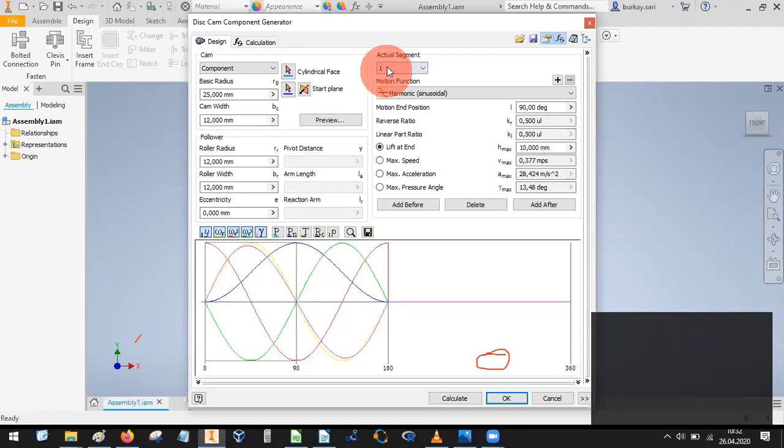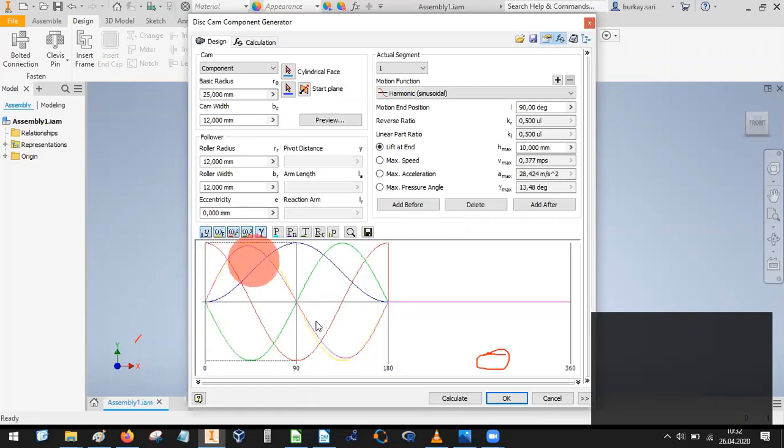Here we have segment information. Also, we have graphical information here. And in this information, we have at this point the lift or stroke. We have the velocity information.